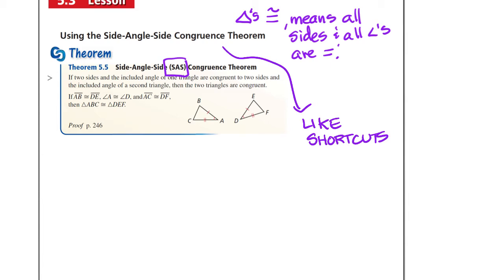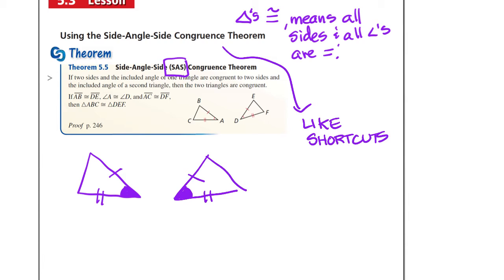So this first theorem, which is called the side angle side, states that if you have two triangles that have congruent sides and the angle that is included, so that actually means that it's the angle that is made by those sides, so it has to be the one that's right in between those sides.